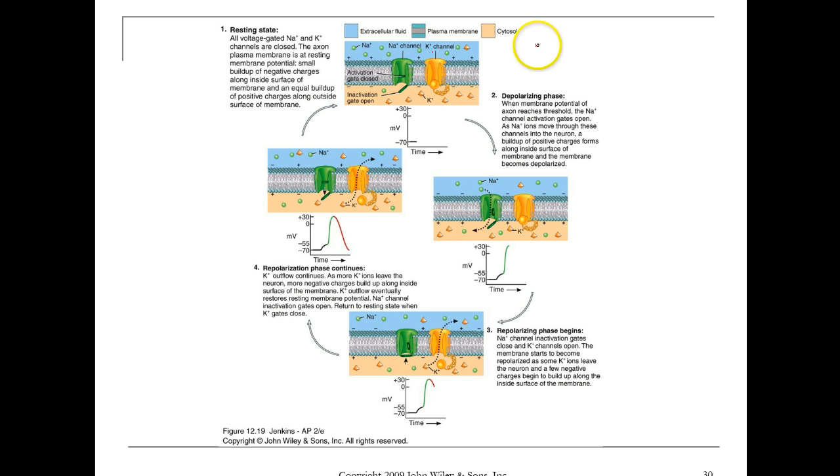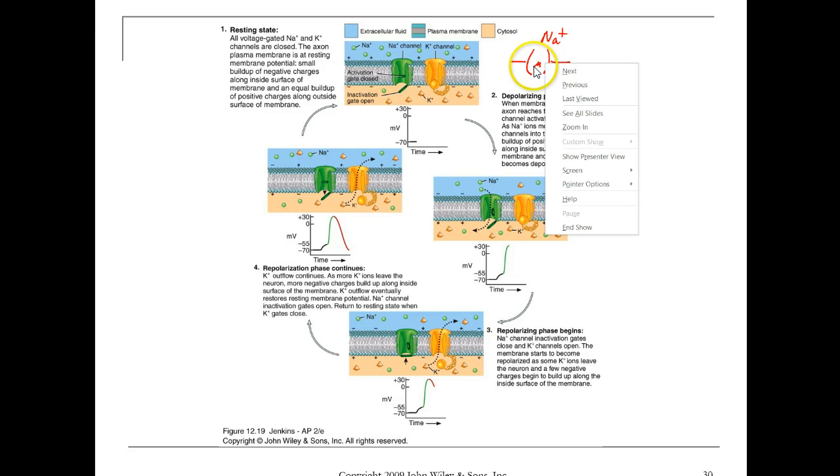In the resting state, if this was our membrane, and here's my channel right here, and I continue on with my membrane, there are two different types of voltage gates in the sodium channel.